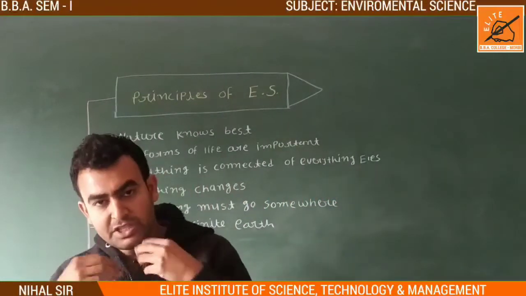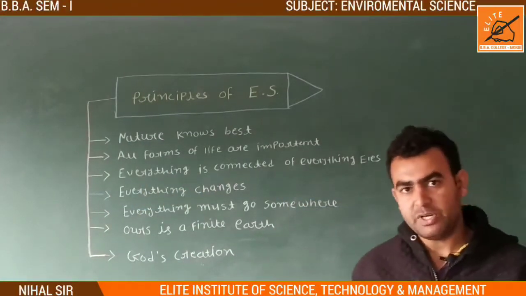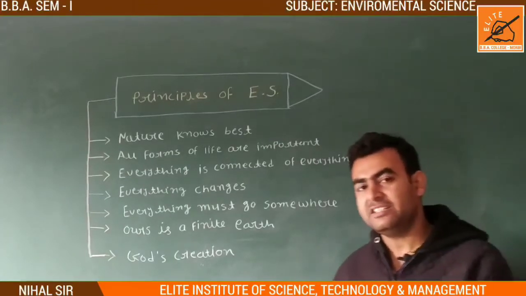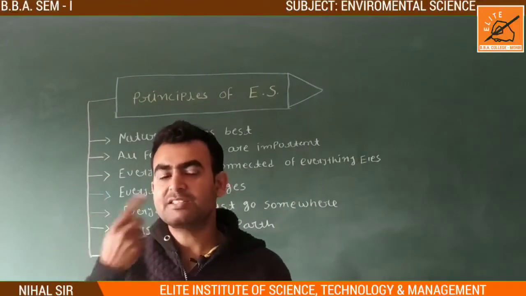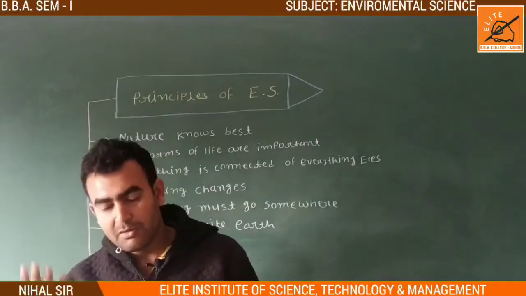So how, if any kind of living thing or non-living thing does not happen on the earth, if any biotic and abiotic thing is not present on the earth, how can we brush? Then where will the brush come from? Where will the tube come from?